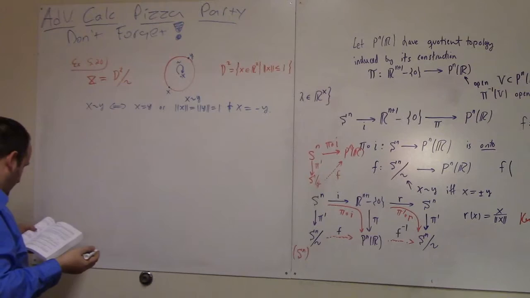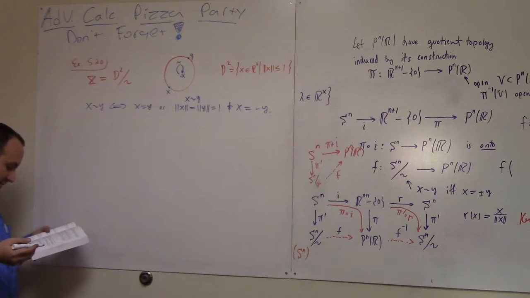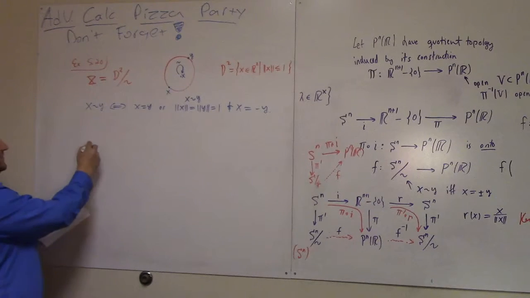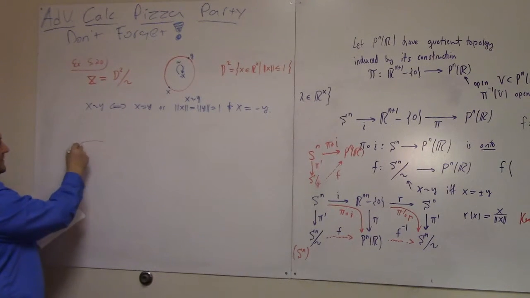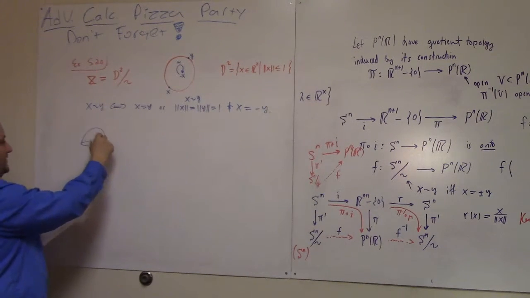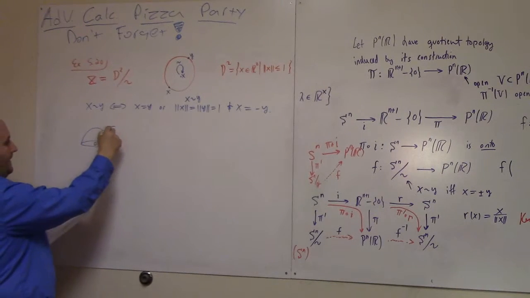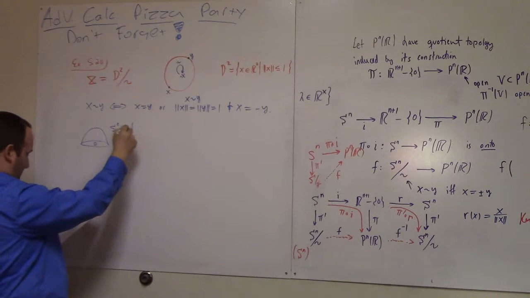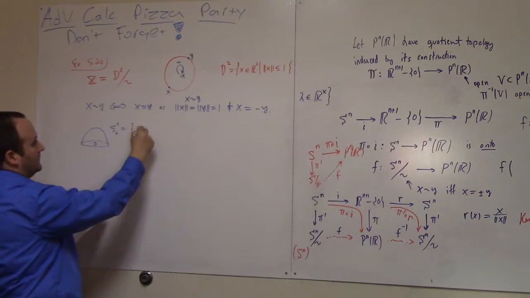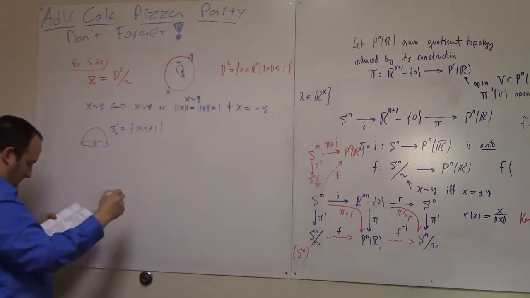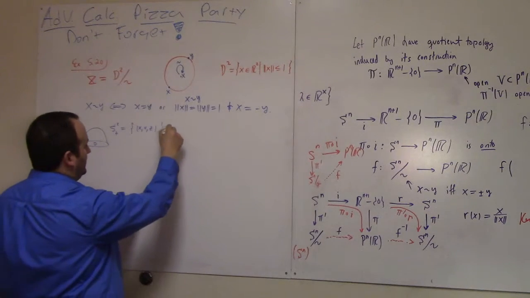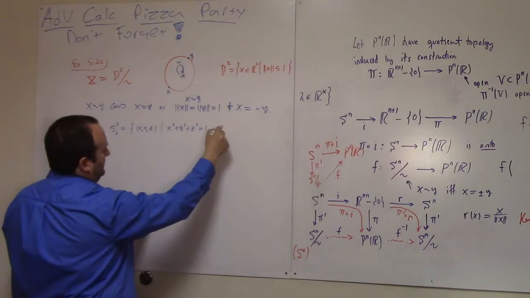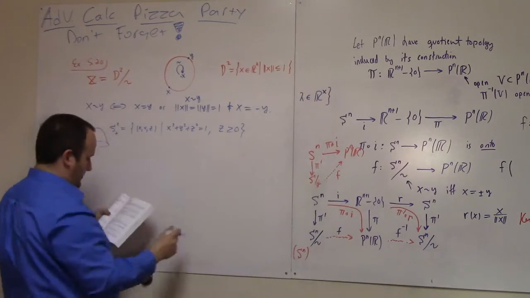For starters, he says identify the disk D2 with the upper hemisphere. You can take the disk and identify it with the upper hemisphere, S+2, which is the set of x, y, z such that x squared plus y squared plus z squared equals 1 and z is greater than or equal to 0.